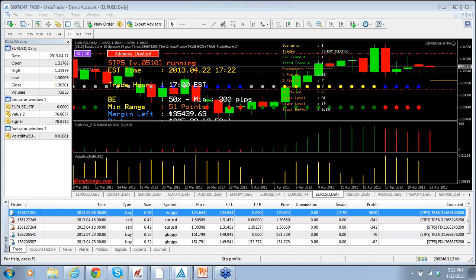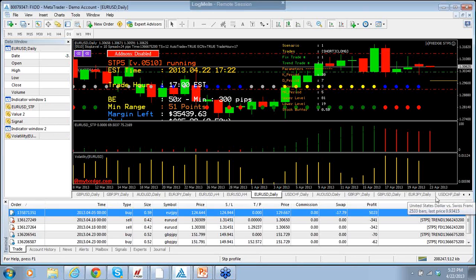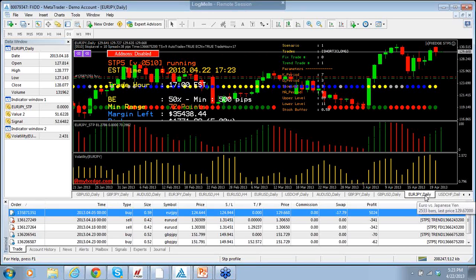If you go to Euro Yen, all right, so this is our Euro Yen. It says add-ons disabled. We enable the add-ons. All right, now they're enabled. You just turn that red button to green, and so now it's ready to take EJ trades. And we did not have that turned on. We should have.